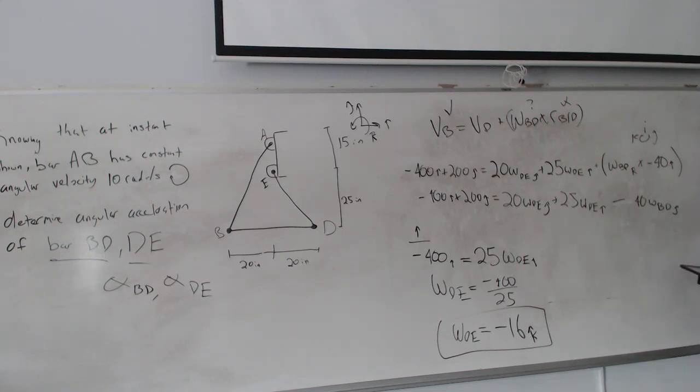J components of that same equation right here. So that's 200, and the J is equal to 20.